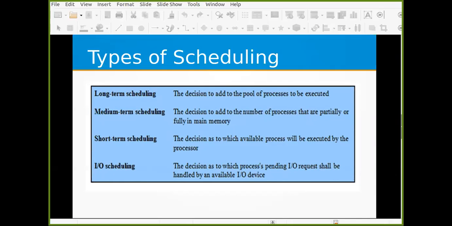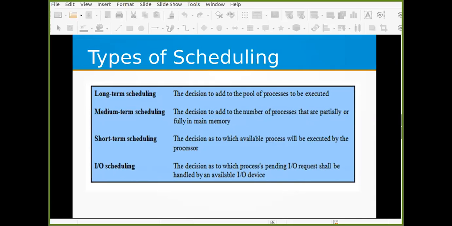Long-term scheduling takes the decision to add to the pool of processes to be executed. We will look at this in a little more detail. Medium-term scheduling takes the decision to add to the number of processes that are partially or fully in main memory. And short-term scheduling decides which available process will be executed by the processor.